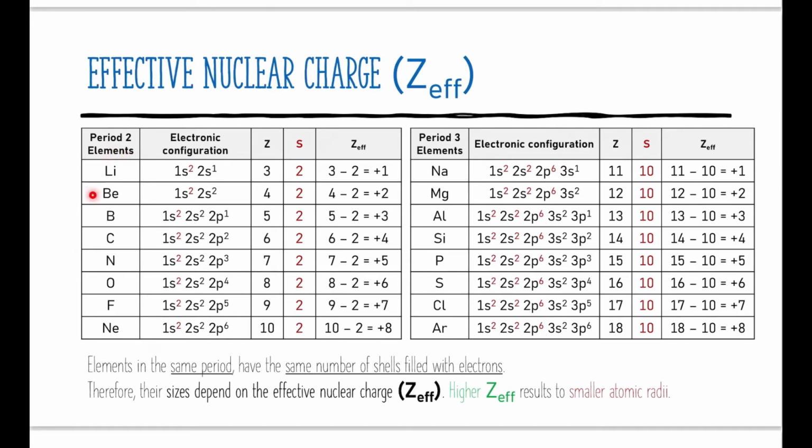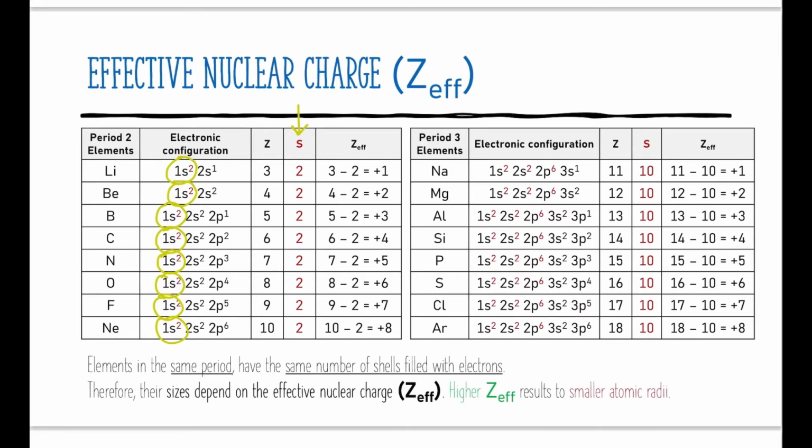These are the elements in period 2, and this is the electronic configuration. The inner electrons are the electrons that fill the 1s orbital in each element. Therefore, as you can see here, the inner electrons are 2 throughout all the elements in period 2.